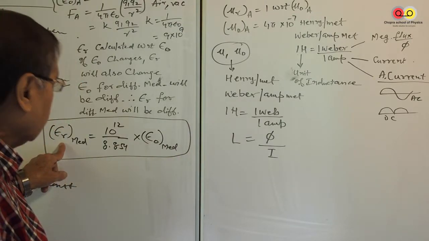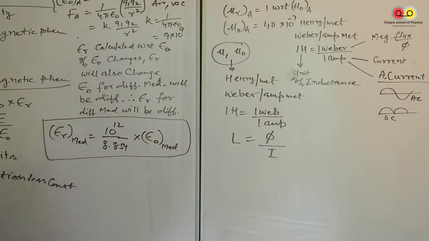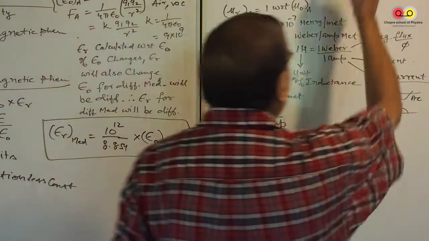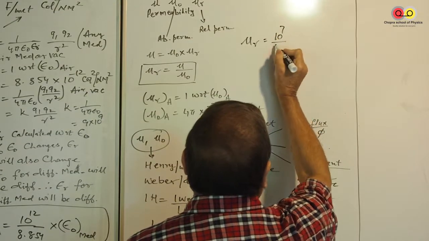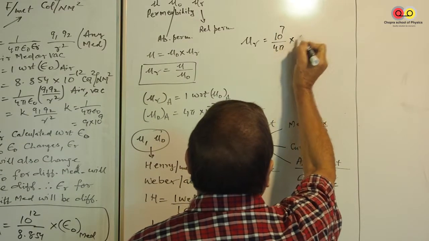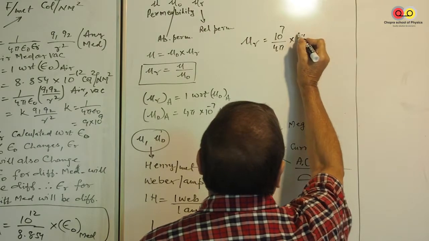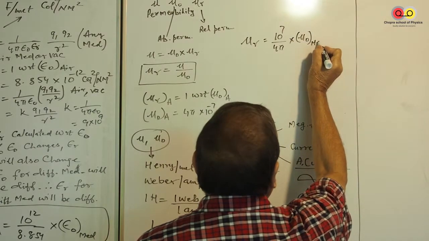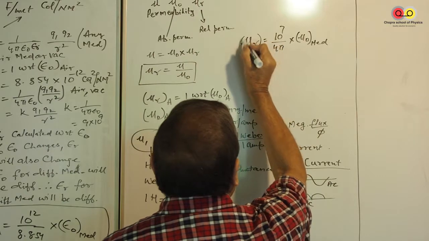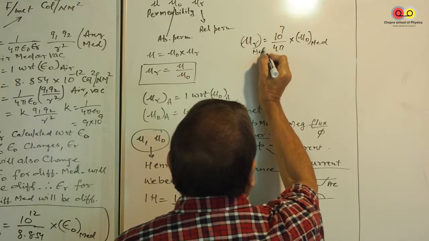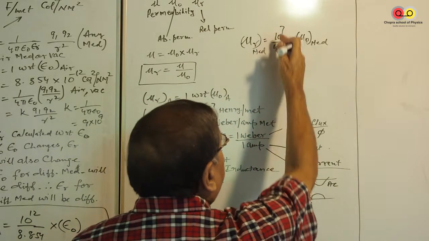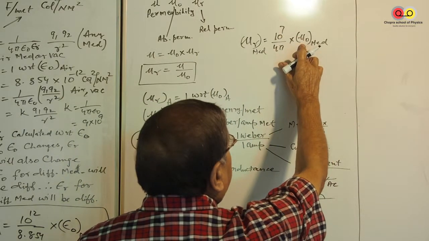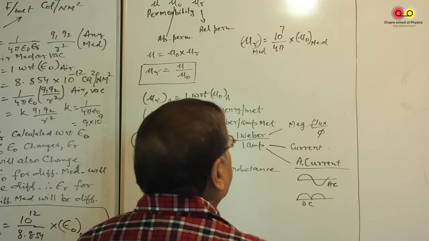Like here we have read the general formula of dielectric. You will further remember that relative permittivity is 10 to the power 7 over 4 pi multiplied by the absolute permittivity of the medium. So relative permittivity of the medium, permeability of the medium, this one, and this is the absolute permeability of the medium.